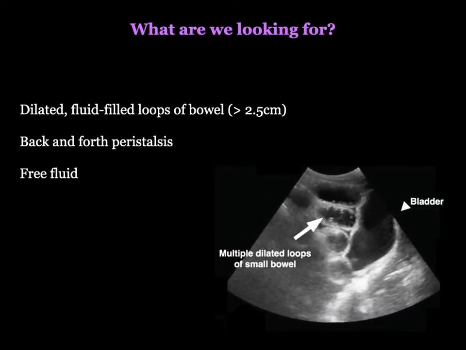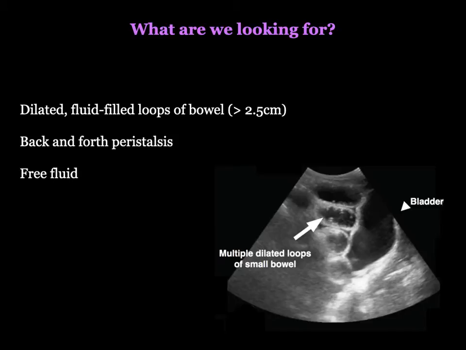So what are we looking for in ultrasound? Essentially we're looking for a dilated fluid-filled loop of bowel that's greater than 2.5 centimeters in diameter, and you're going to be measuring across the bowel like this. You're looking for back and forth peristalsis, and I'll show you a couple of video clips of what this looks like.